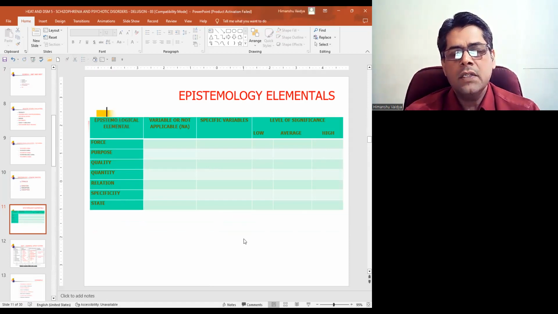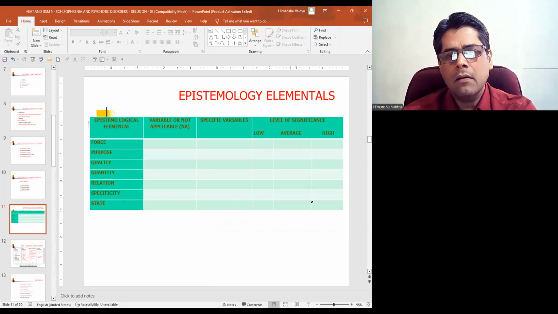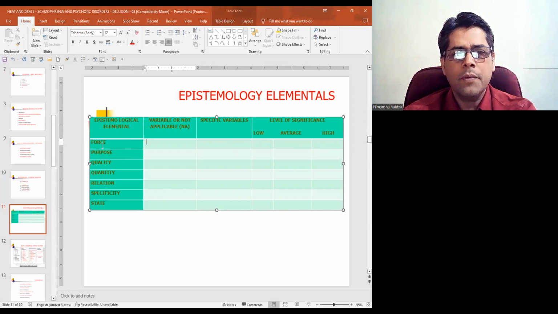So these are the epistemological elementals that are essentially in difficulty. And we mark here what is the level of difficulty: low, average, or high. This allows us to focus in therapy on this aspect of the elemental in the free association analysis that we do.